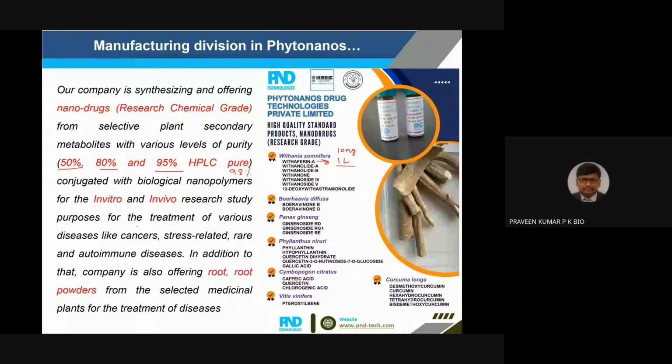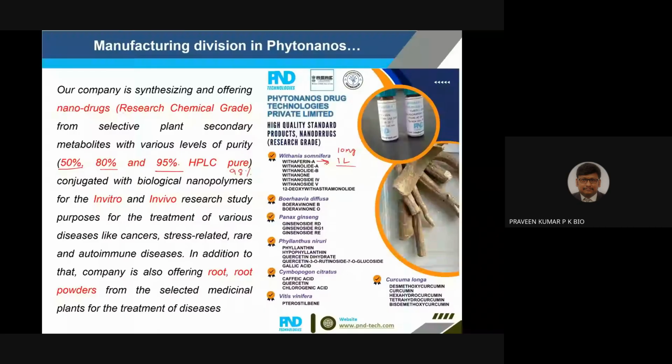So we have come up with an established process for optimizing the purification of these compounds. Not only did we start with Withaferin A and Withanolide, we now have around 26 different phytopharmaceuticals with all levels of purity.